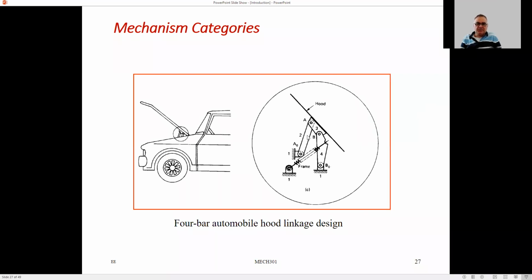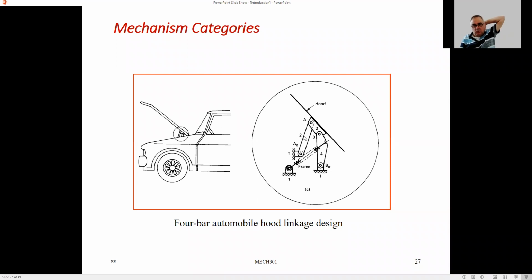Okay, another 4-bar mechanism used in the automobile hood. As you see, 1 is the frame of the automobile, 3 is the hood, the link 3 is connected to the hood, 2 is the connecting rod, and the 4th one is another link.